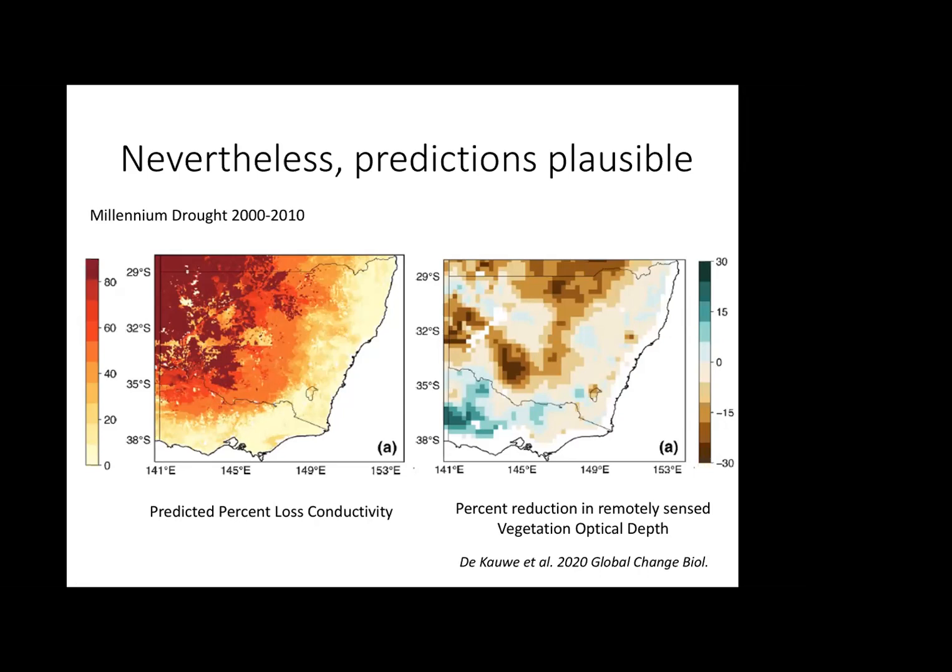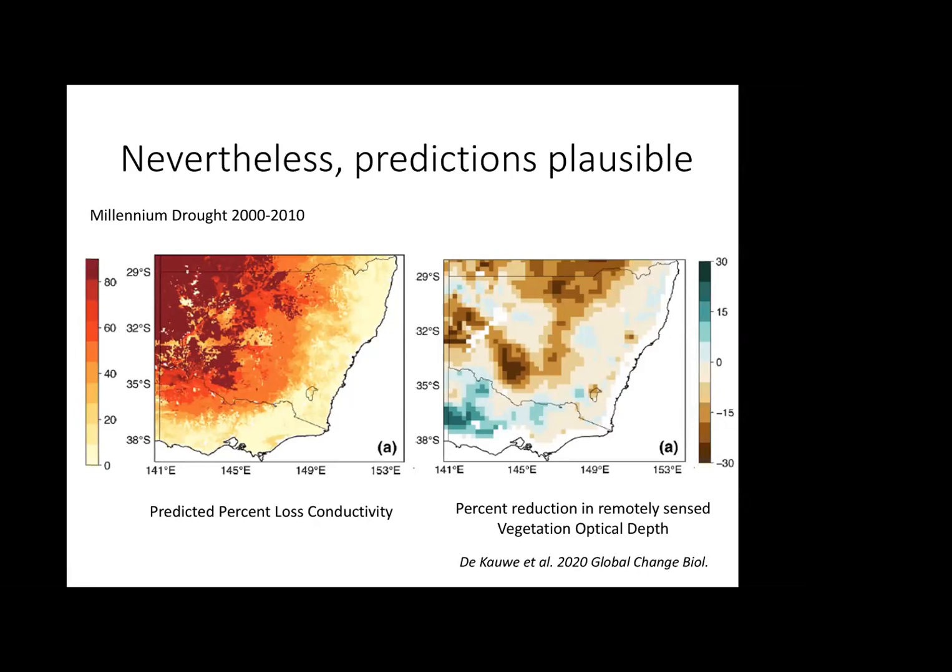And at this scale, the Southeastern Australian scale, these predictions of the % loss of hydraulic conductivity are plausible. And so this gives us a lot of hope. We've still got a lot of details to work on, but we think that we're headed in the right direction to be able to predict where and when we might see hydraulic failure.